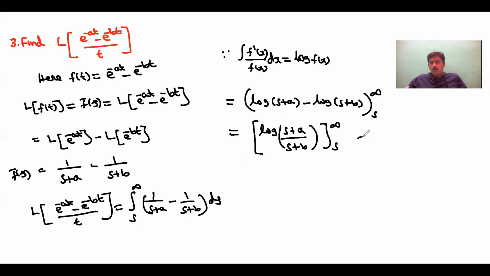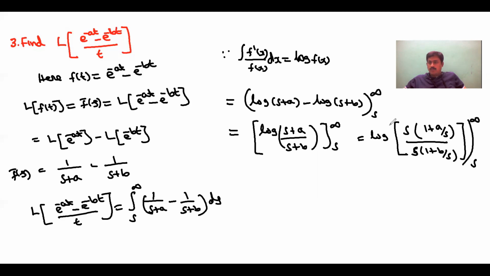Now to apply the limit infinity in the log, we have to do this procedure. Take s common in your numerator as well as denominator. You will get log of s into 1 plus a by s divided by s into 1 plus b by s. So here we can apply s to infinity. Here the s's will get cancelled.